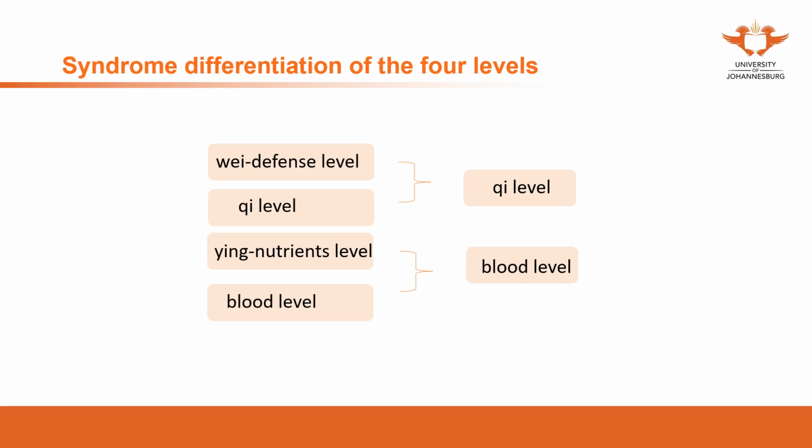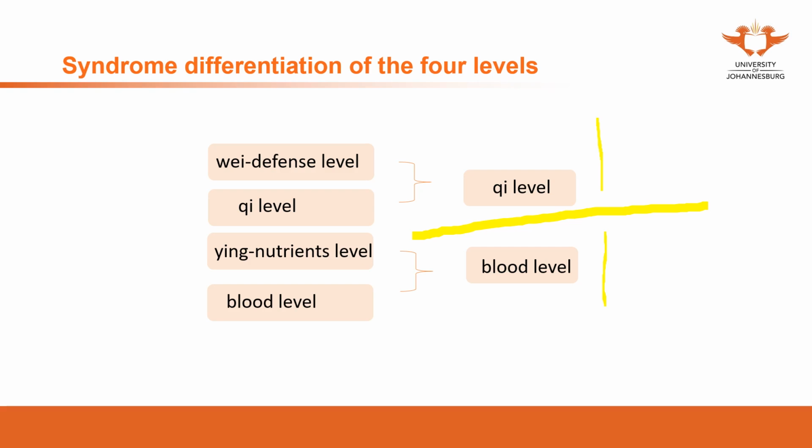The four levels are also very similar. Although we have four levels, when you separate them, you can also have two levels, the qi level and the blood level. When we compare qi and blood, qi is Yang and blood is Yin. The reason is that qi is formless and blood has form. So we can see the blood, but we can't see the qi.